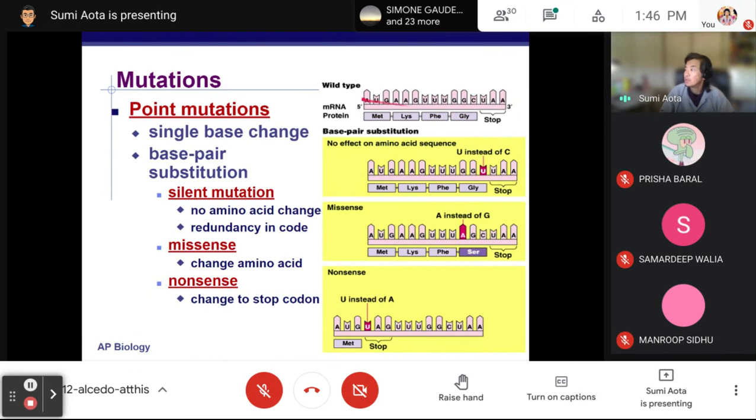So if you look at the 4th codon, right, in the normal DNA or RNA, it's GGC. But in the first mutation, instead of the C, we substitute it with a U. So the 4th codon goes from a GGC to a GGU.